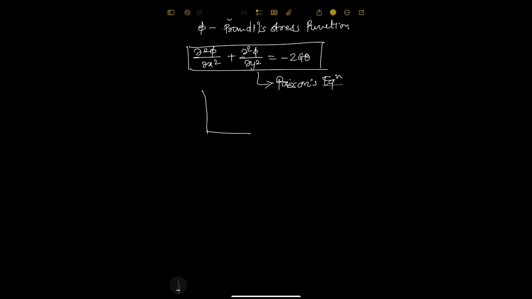After that we saw how phi changes on the boundary of the shaft.